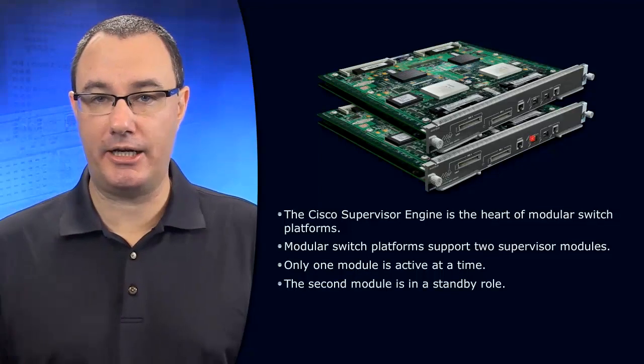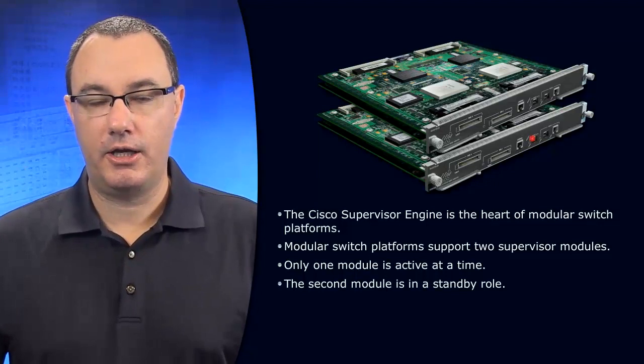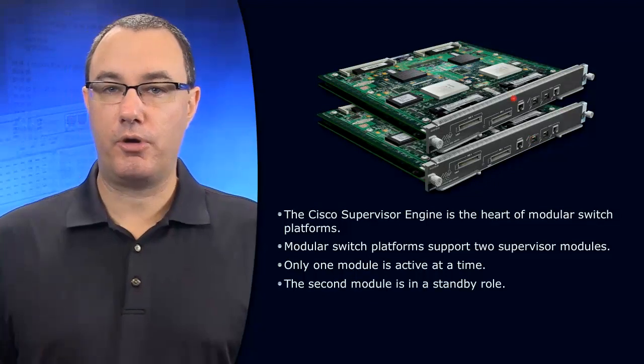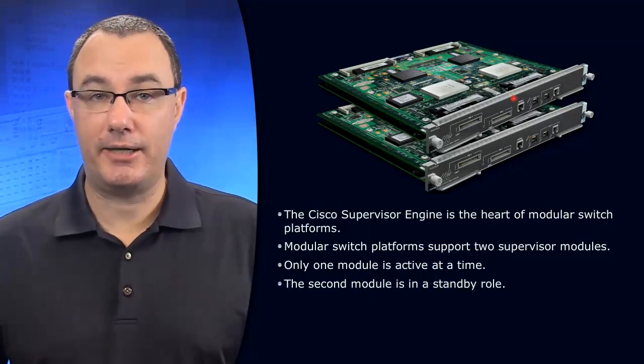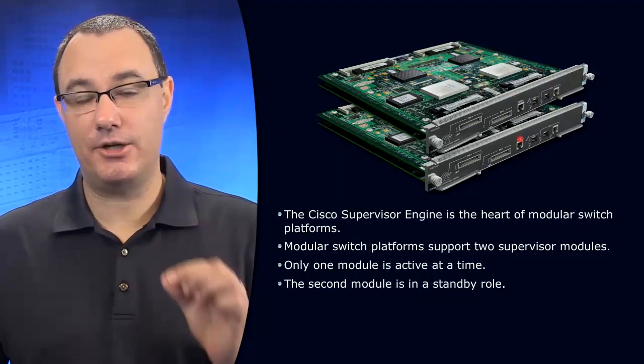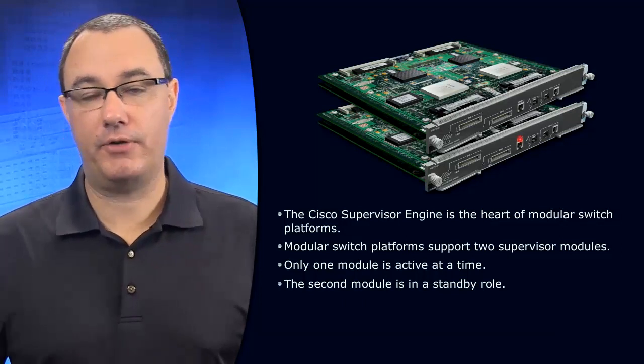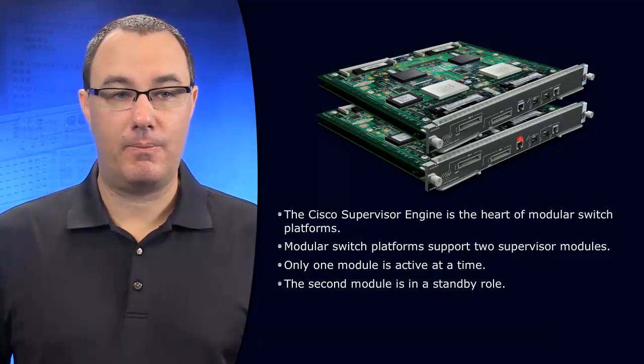The standby should be aware of all of the nuances of what's going on with the primary, so that if the standby has to get promoted to primary, it has the knowledge of what to do and take over very, very quickly.